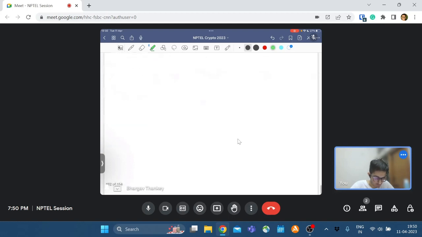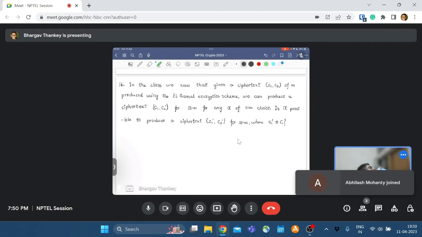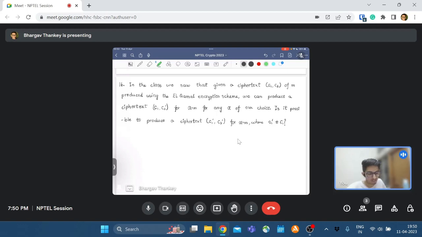So now the next problem is: in class we saw that given a ciphertext C1, C2 of a message M produced using the Elgamal encryption scheme, we can produce a ciphertext C1, C2 prime for alpha times M for any alpha of our choice.